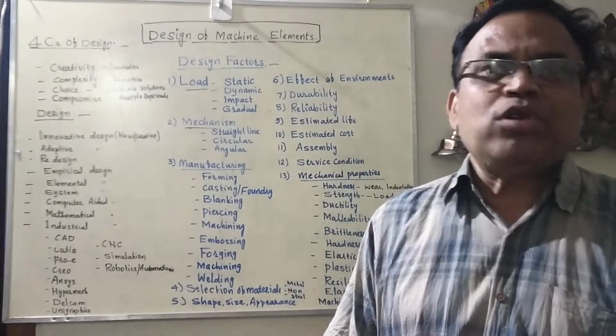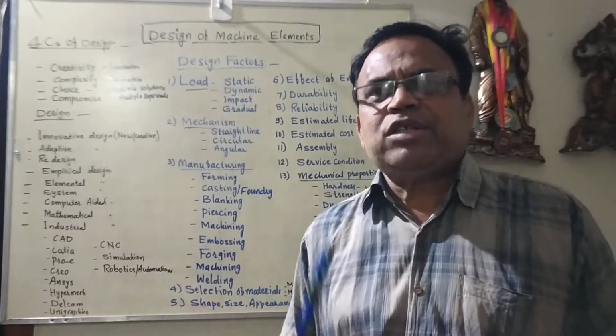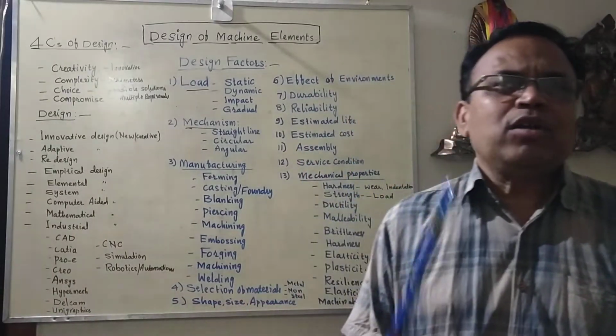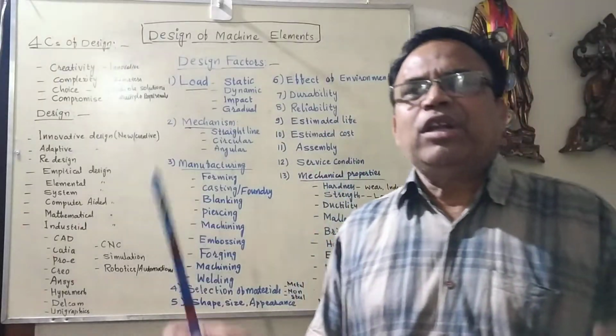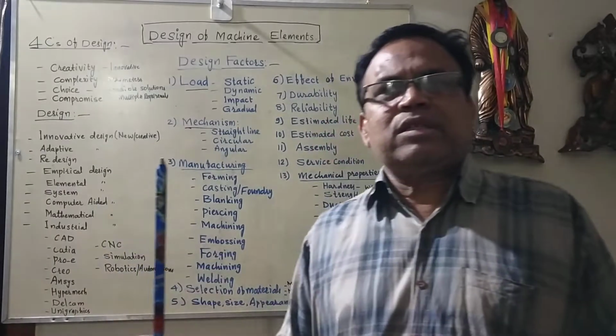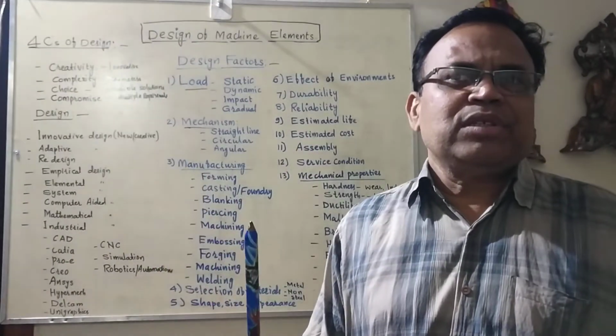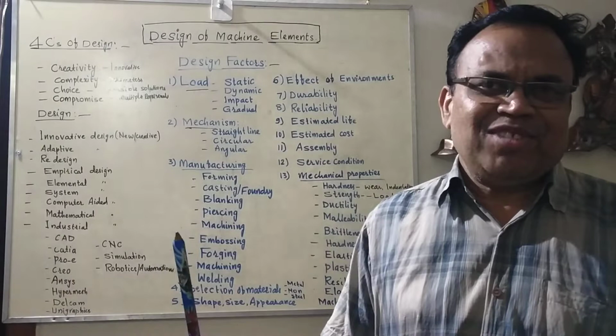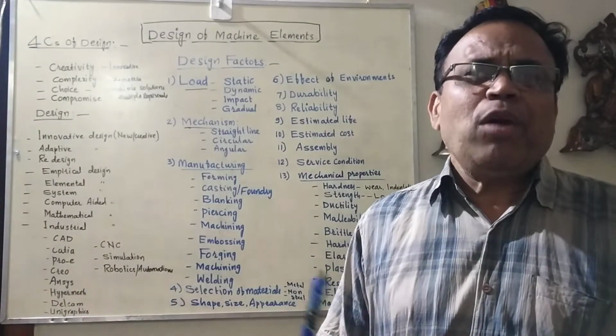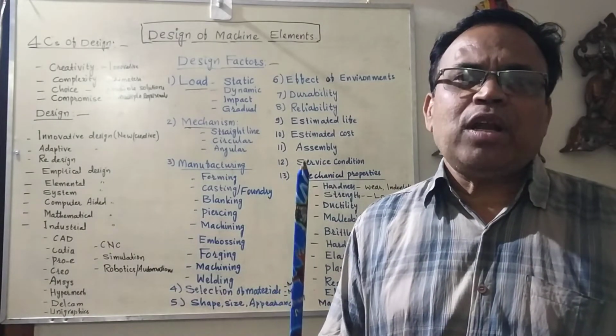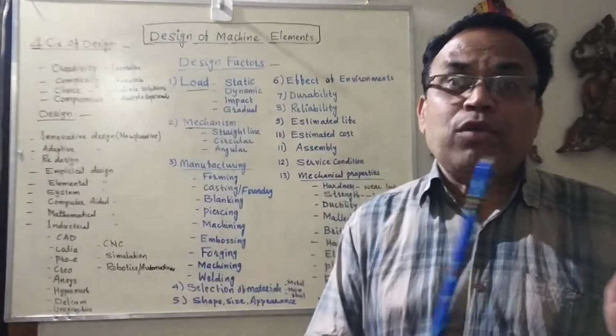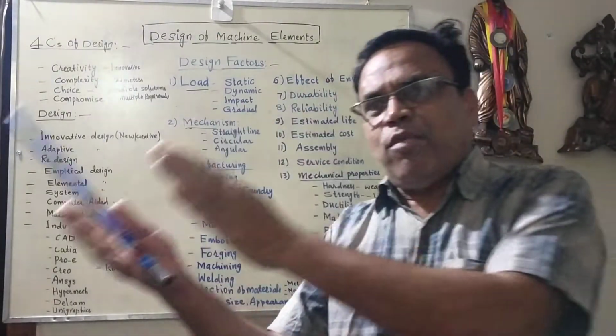Those elements are bolts, nuts, screws, washers, shafts, keys, belts, pulleys, drives, chains, levers, cams and all the bearings. See how many components. Every component has an individual role. Together, they all work to convert one form of energy to another form of energy.